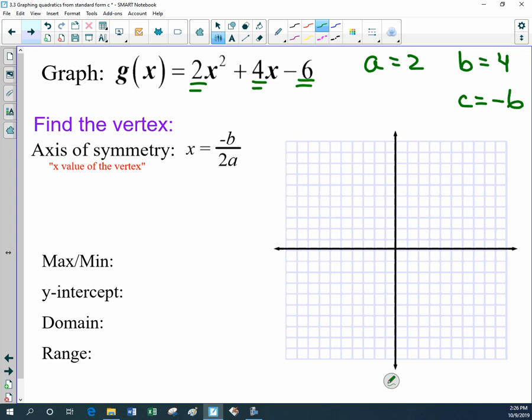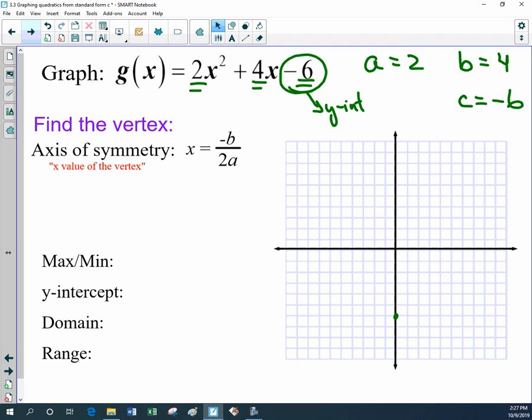So if c is -6, then we know the graph is going to cross the y-axis at -6. So this point right here is going to be the y-intercept at -6, and that's based on this right here. Okay, so let's start by finding the vertex.